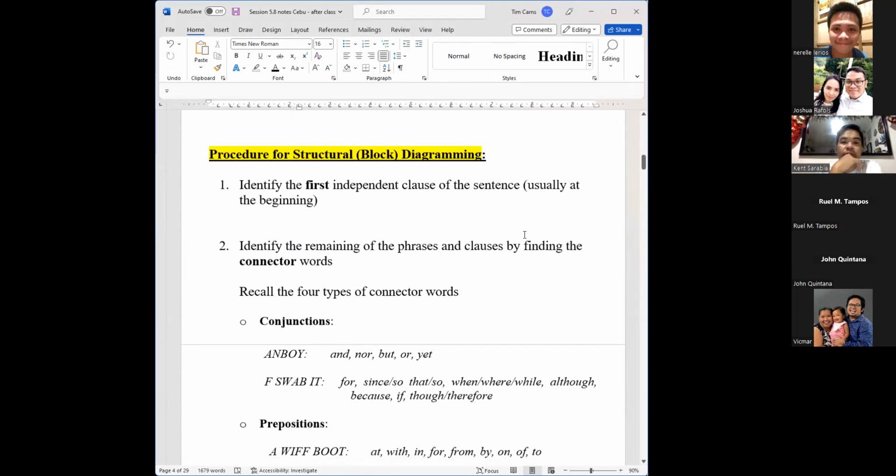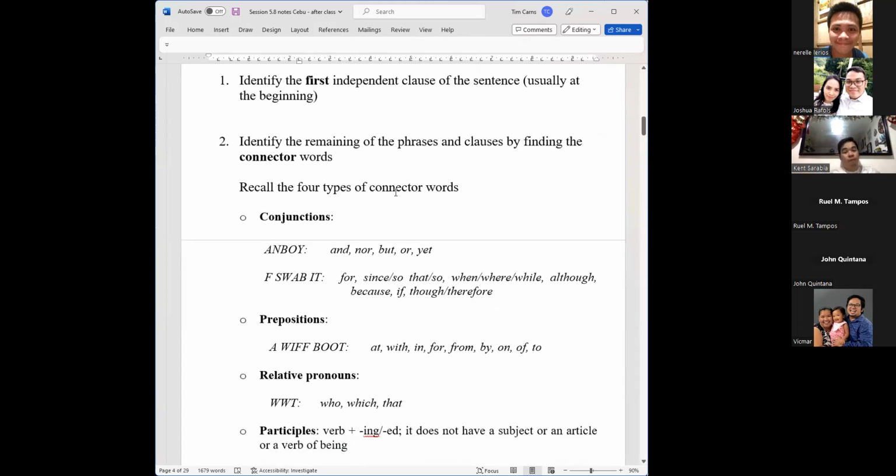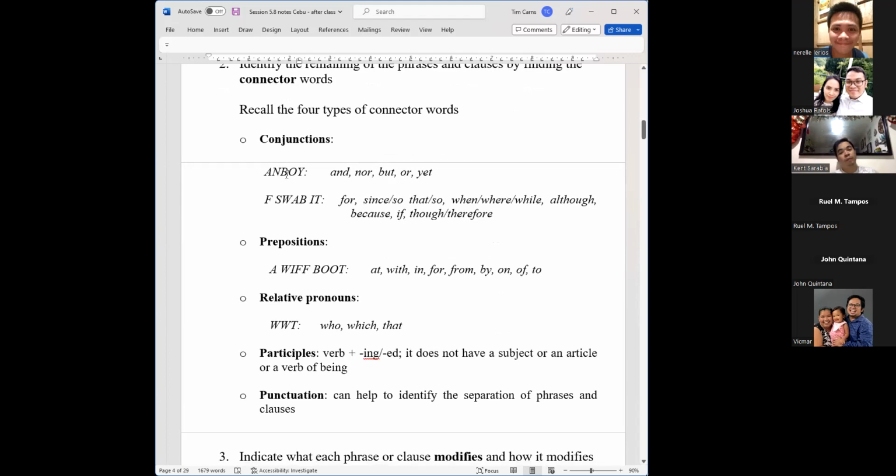As I was going through the procedure, the first step is identify the first independent clause that you see in the sentence or in the passage, and then identify the rest of the phrases and clauses by finding the connector words. Then we got into a discussion about some of the connector words and infinitives and things like that. So that was a focus last time.